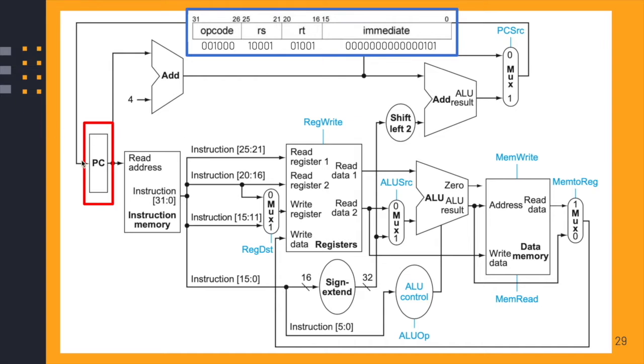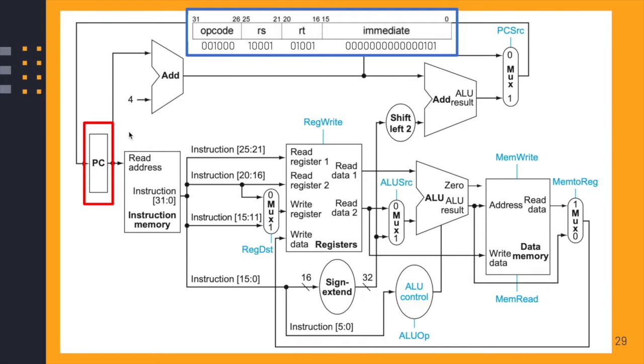Now, we have this PC register, or the program counter register, which contains the address of the next instruction I want to execute. So it's pointing to an instruction in the instruction memory. The instruction memory contains all of our instructions, but which instruction do we want to execute here? The add immediate instruction. So the program counter will contain the address of the add immediate instruction.